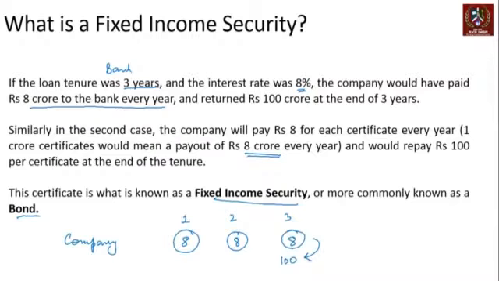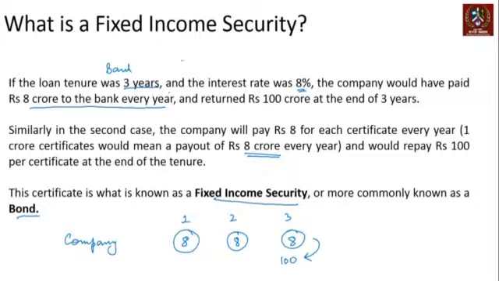Essentially, if a company is borrowing money from multiple corporates or multiple investors or individuals, instead of one, the company would issue certificates in lieu of those borrowings. Each of these certificates is effectively a bond or a fixed income security, and essentially it's nothing but a breakup of a bigger loan.